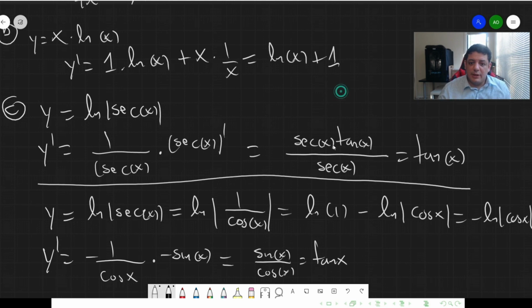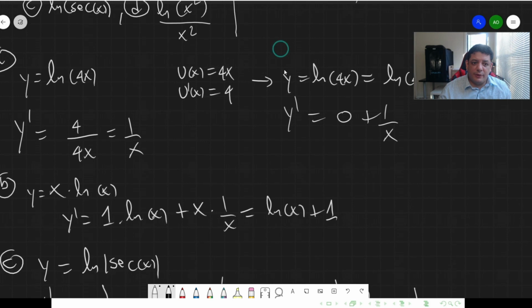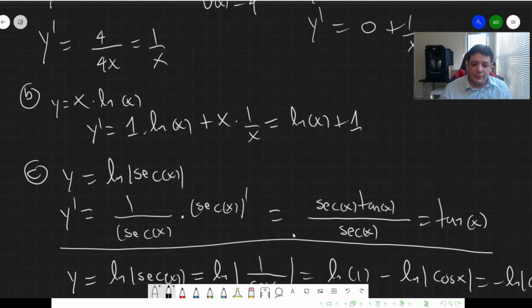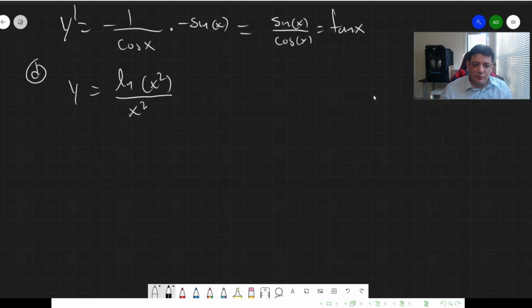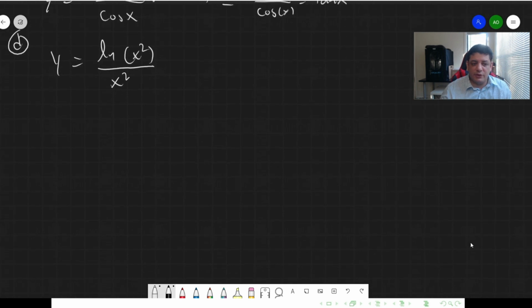All right, so now let's go for the final example with the logs, and we're going to use here y equals log of x squared over x squared. So we have an impending quotient rule here, since we have two functions. You can approach this in two ways. You can transform this using properties of the power, so you get 2 log of x over x squared, and then do quotient rule here, or you can just do quotient rule and chain rule.